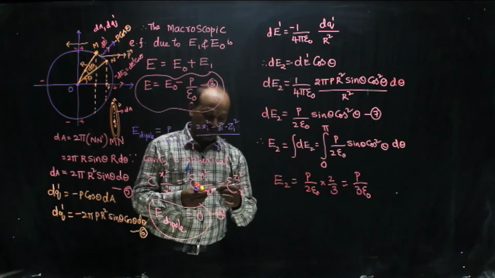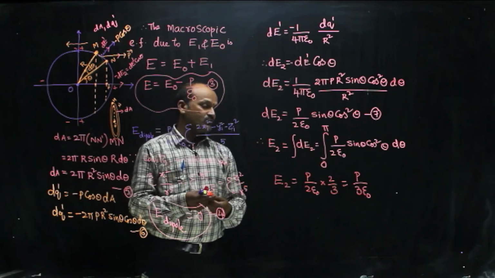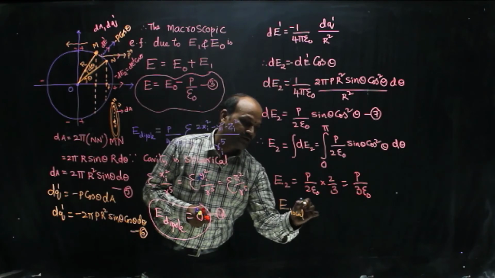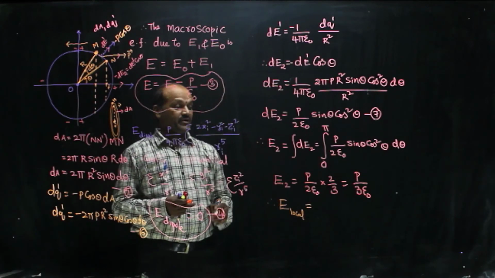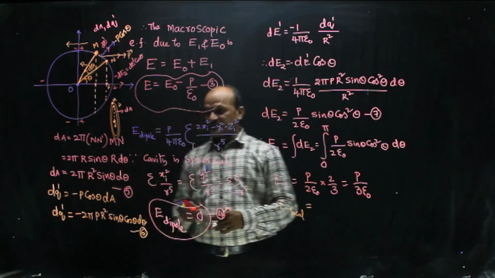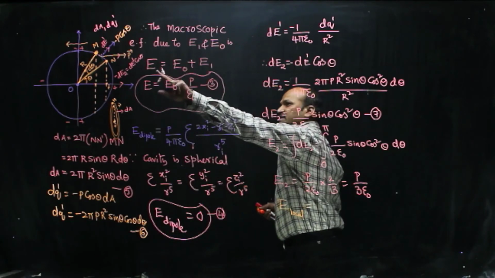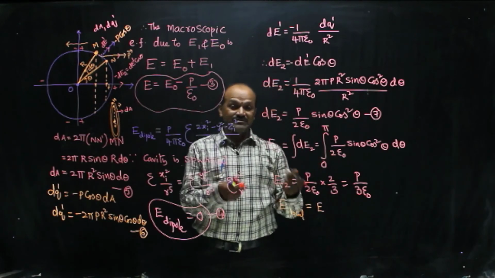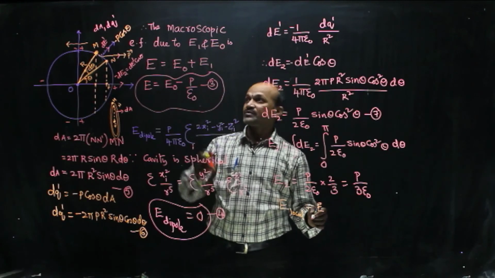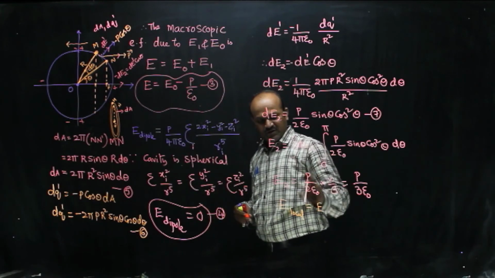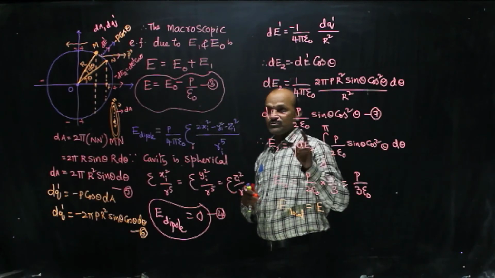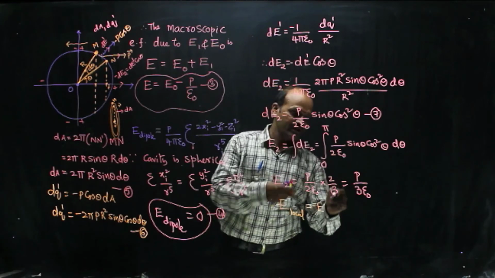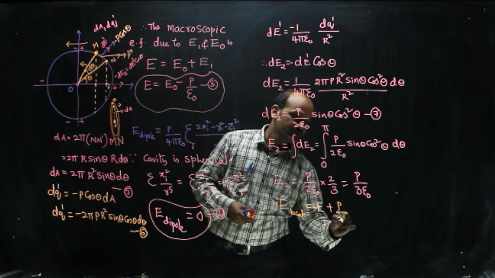Now, therefore, let us write the final value of the total electric field. The local electric field or internal electric field is the sum E0 plus E1 plus E2 plus E3. What is E0 plus E1? Just E, the macroscopic electric field, in terms of which we derived the equation. E3, the dipole field, is 0. Only remaining is plus P by 3 epsilon naught.